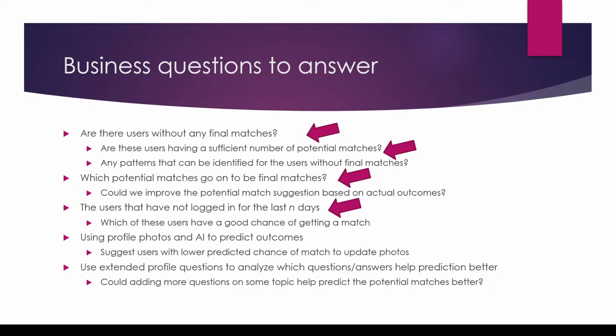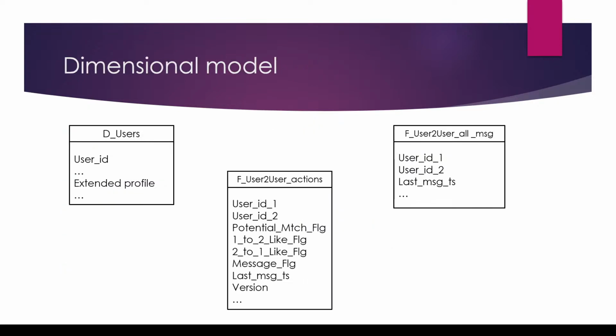So one of our questions would be, are there any users without any final matches? So all we'll have to do is check the user dimension, see if the user is present in user ID 1 or in user ID 2 with both the 1 to 2 like flag and 2 to 1 like flag as y. If both of them are y, and if the user ID is present in either 1 or 2 in the fact table, then those user IDs have a match.